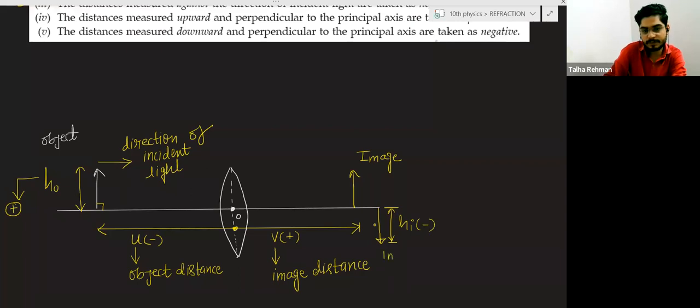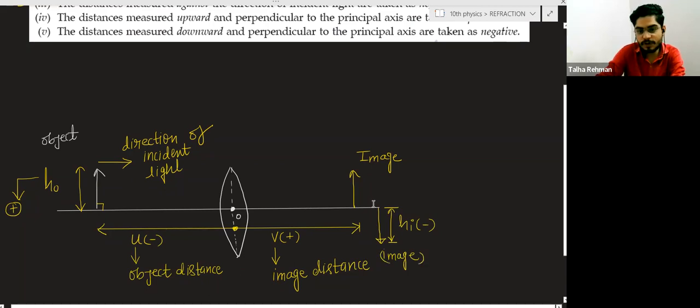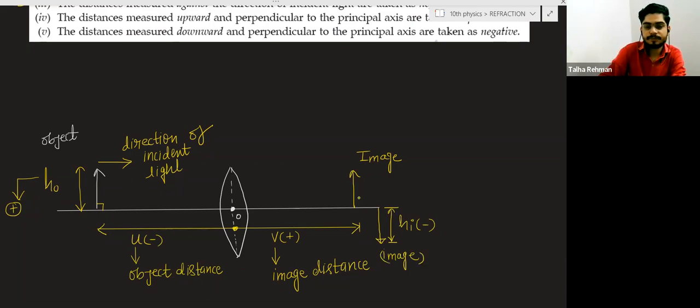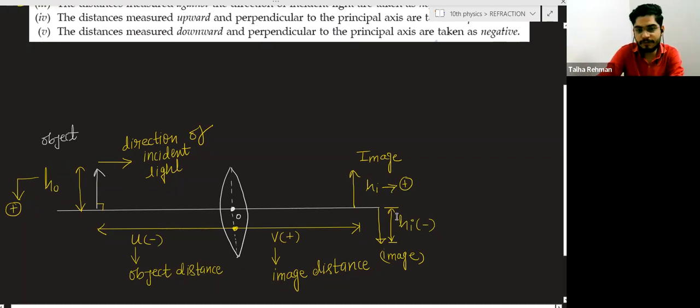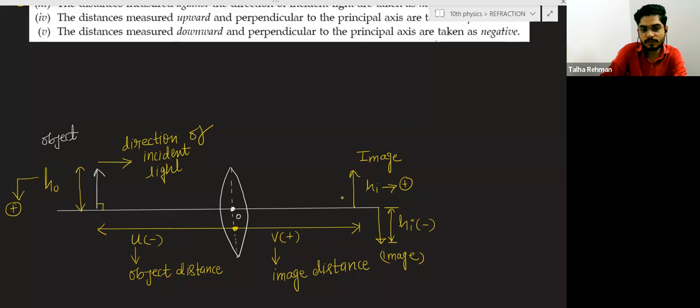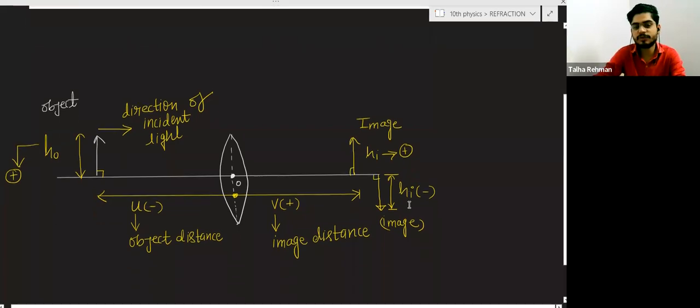If this is your image, then height of image you will take positive. So if you are moving in the upward direction to measure the height of the image, and perpendicular to the principal axis also, then you will take it positive, or otherwise you will take it negative.